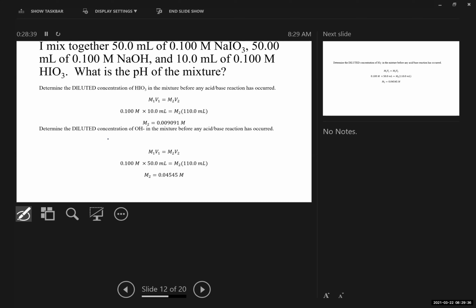So, all right, the HIO3, there's 10 mL of 0.1 M, which is diluted to a total volume of 110 milliliters. For the hydroxide, which came from the sodium hydroxide, there's 50 mL of 0.1 molar diluted to 110 milliliters. And then similarly, the iodate, which came from the sodium iodate, is 50 milliliters of 0.1 molar diluted to 110 milliliters total.